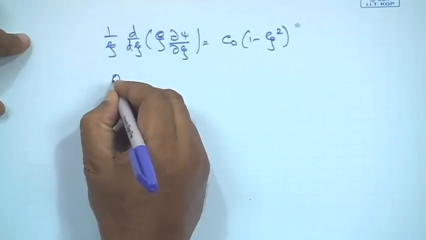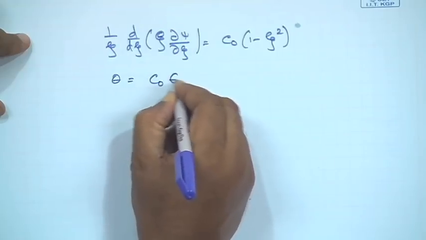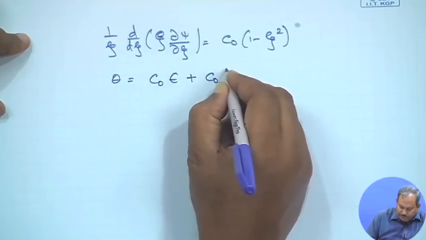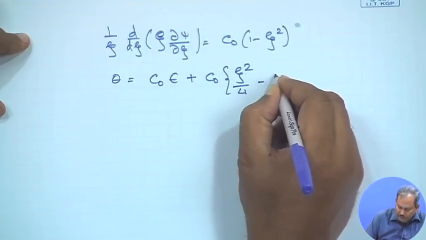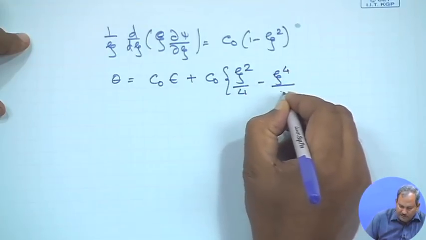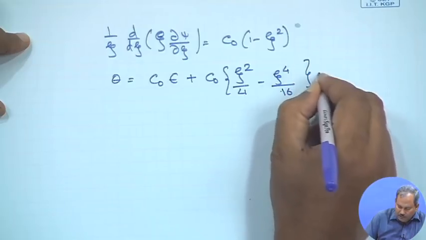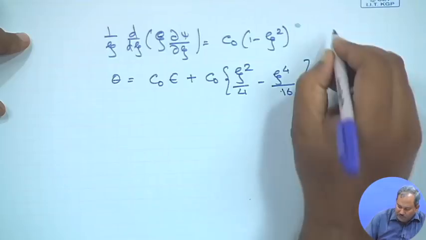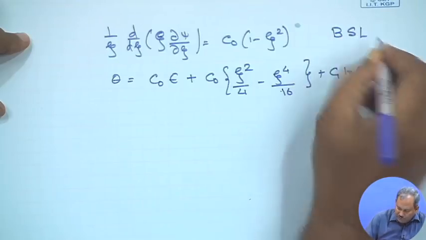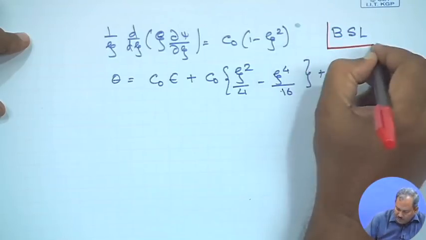This equation can then be simply integrated to obtain the form of the temperature profile. This you can do on your own. It is also given in detail in the textbook by Bird, Stewart, Lightfoot.